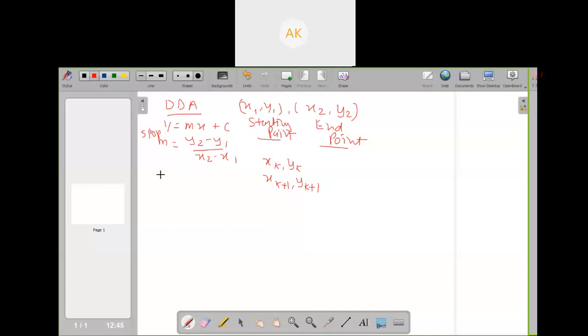So m equals yk plus 1 minus yk, divided by xk plus 1 minus xk. This is your slope.